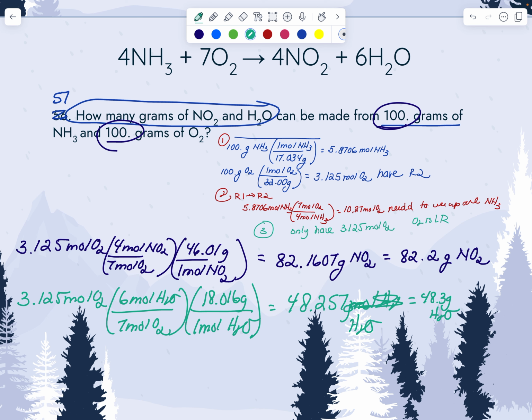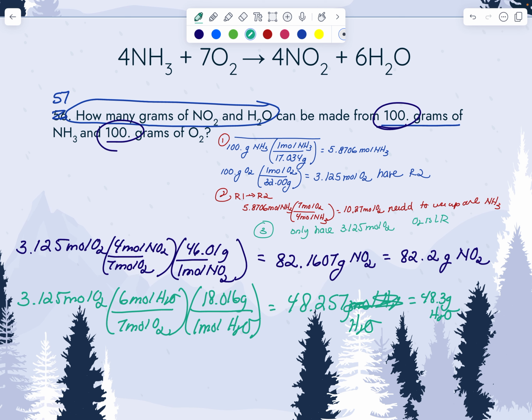And now at the end, how many grams of oxygen do I have? I have no grams of oxygen left, because if that's the limiting reactant, then I would have none of it left over.